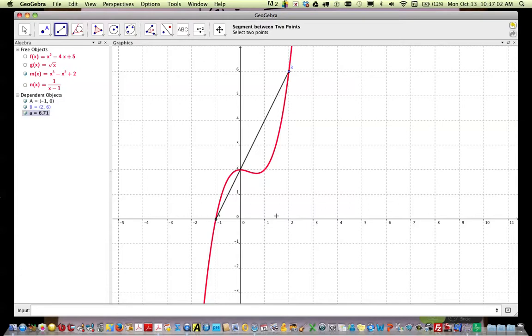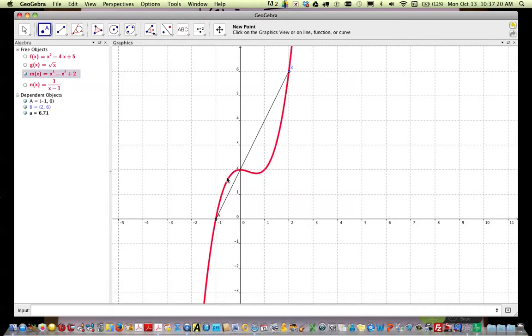And it looks like that slope ends up being equal to 2, which is what we came up with on our paper. Now the question is, where is the tangent line going to have a slope of 2? So let's draw the tangent line. Whoops, I need to put a point on the graph first.